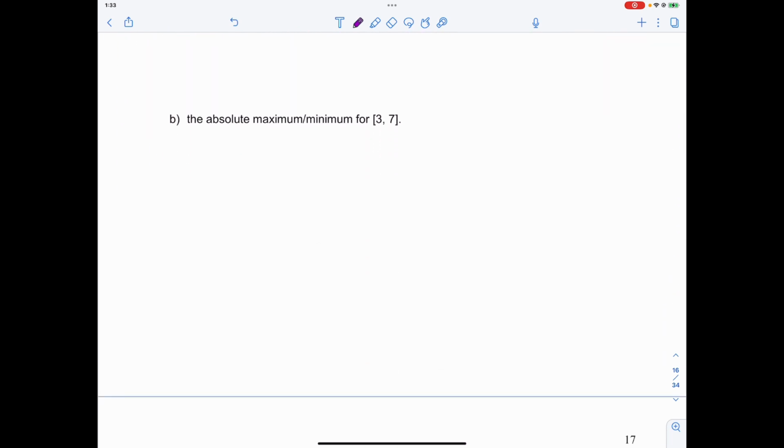For part B, when it says the absolute maximum and minimum points for the interval of 3 and 7, well, there are no critical numbers.